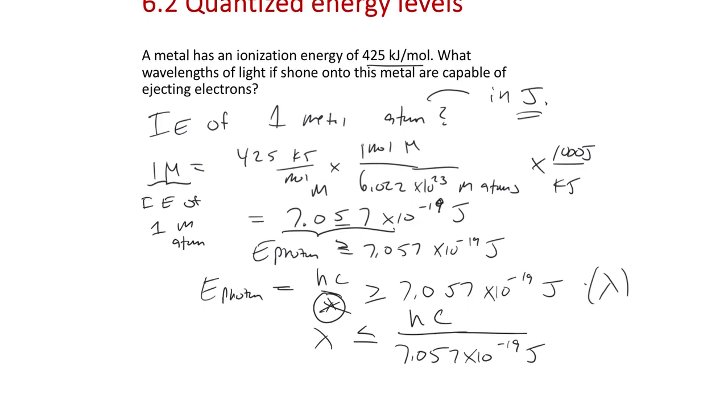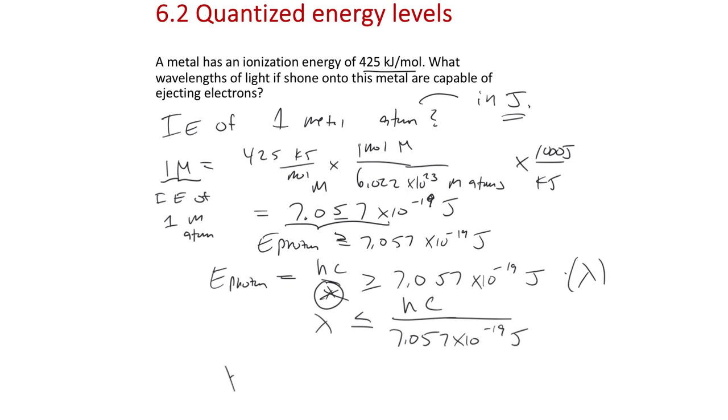Okay, so let's sub in here h and c. We want our wavelength to be less than or equal to 6.626 times 10 to the minus 34 times the speed of light, 2.998 times 10 to the 8 meters per second. You can go 2.997, whatever, as long as we carry enough digits that we're not rounding based on our digits here.